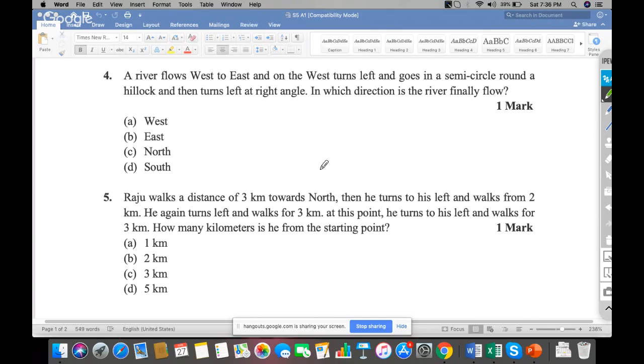Those who are not understanding, the semicircle would be like this. And from here, left is east. So that is why this question answer was east. Question number 5, what's the answer?